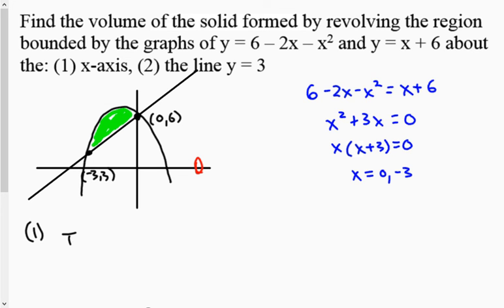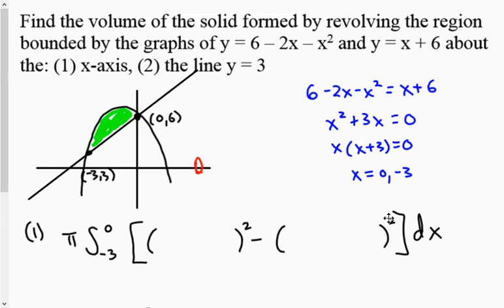So we're going to do pi times the integral from negative 3 to 0. That's our boundaries in terms of x. And then we're going to have to figure out the radius of our big circles and subtract out the radius of our little circles. And then we'll integrate this with respect to x.